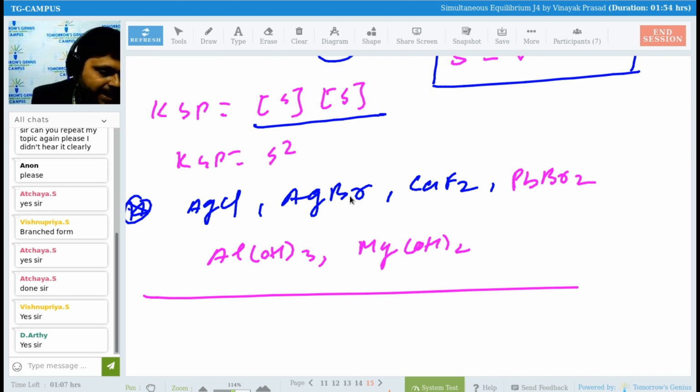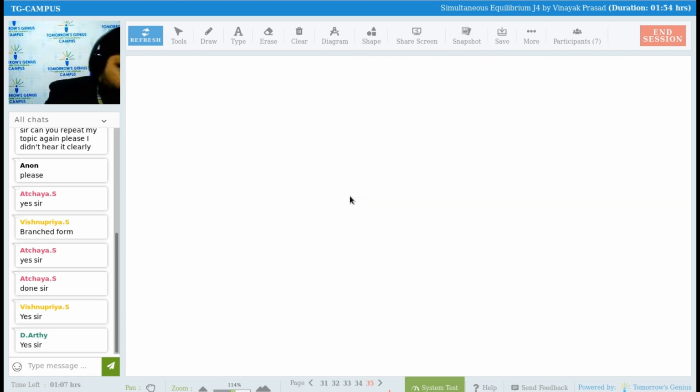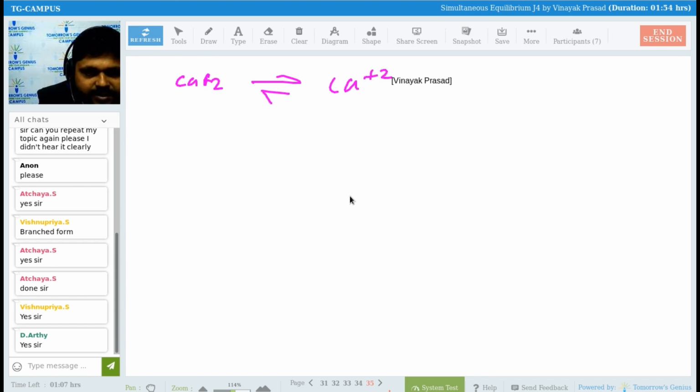No? So I am going to give you one example, and please tell me what the value of Ksp will be in this case. The question is: CaF2 is there. I have given you the example of CaF2, right? And it dissociates into Ca2+ ion and 2F- ion.